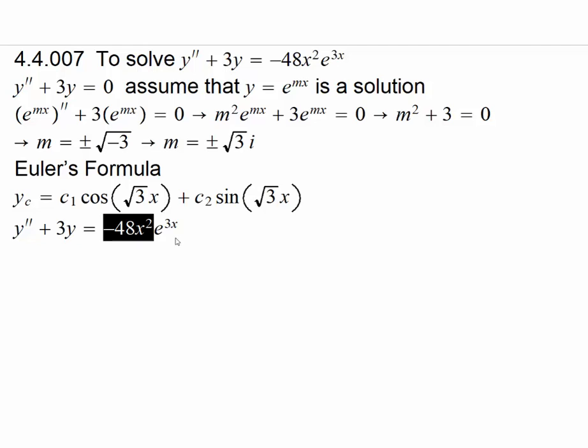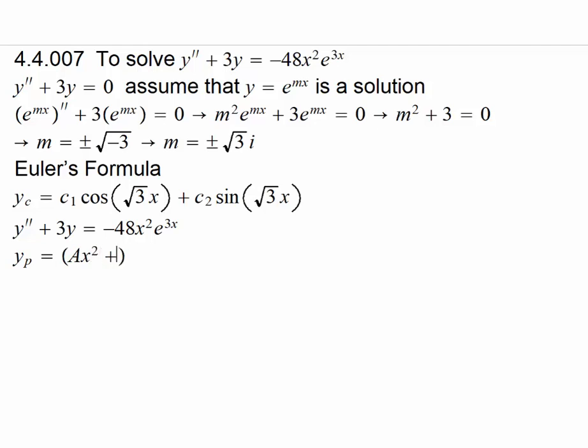So we may assume that the particular solution is of the form a quadratic times an exponential function again.